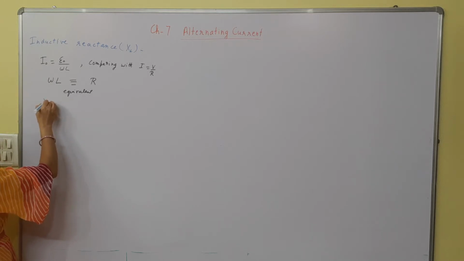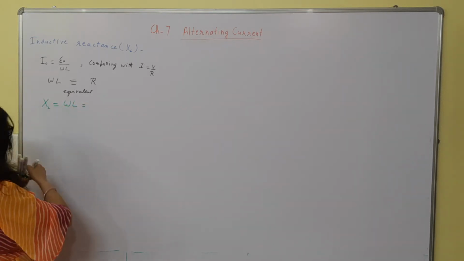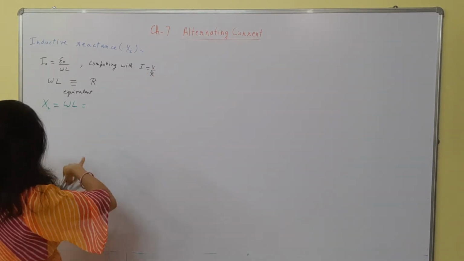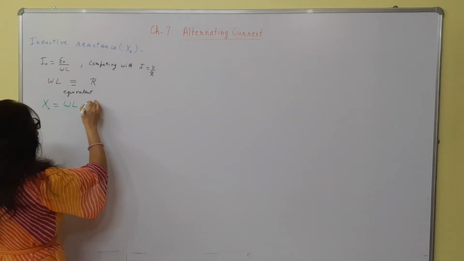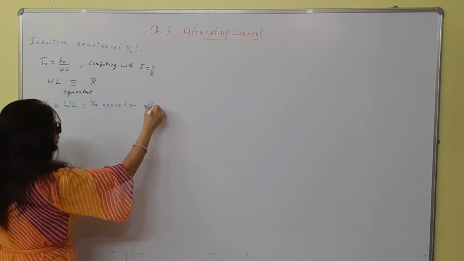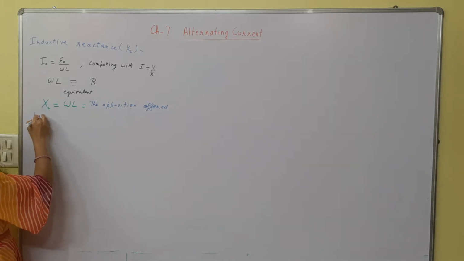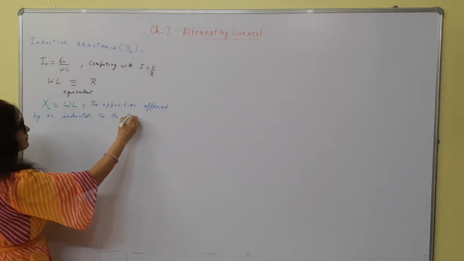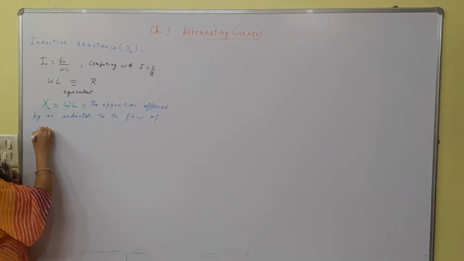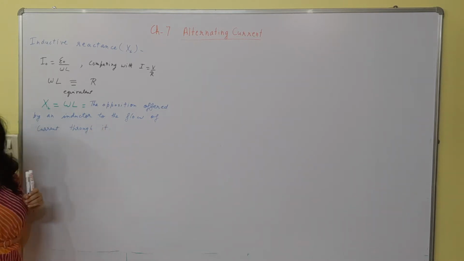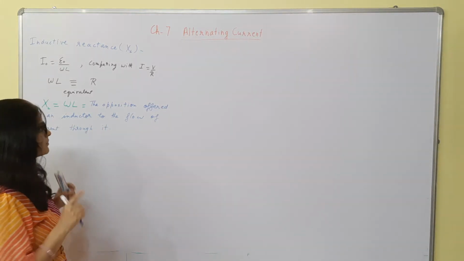So omega L, this quantity, is called inductive reactance, and this is the opposition offered by an inductor to the flow of current through it. So it behaves in the same way as the resistor behaves.